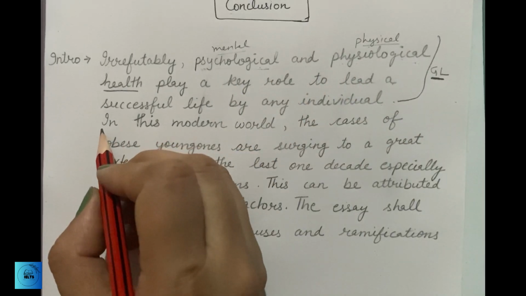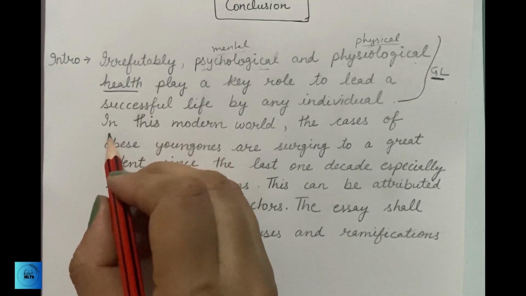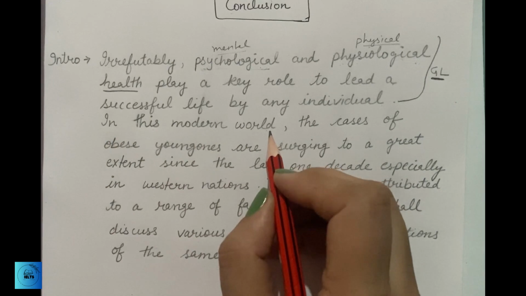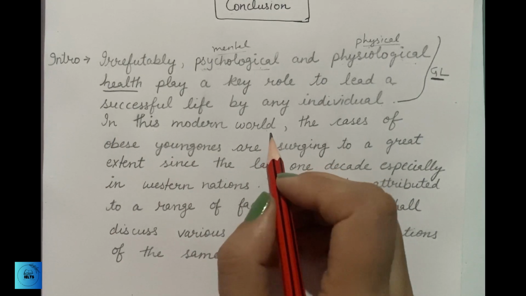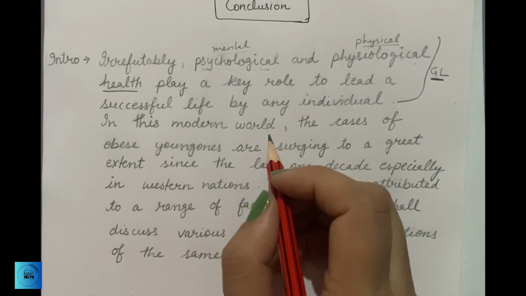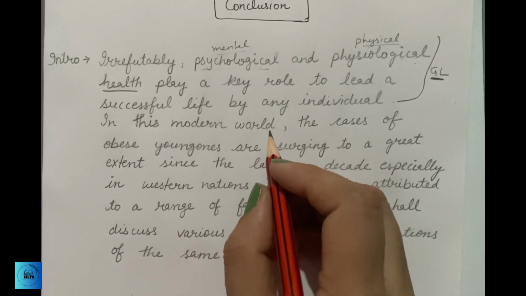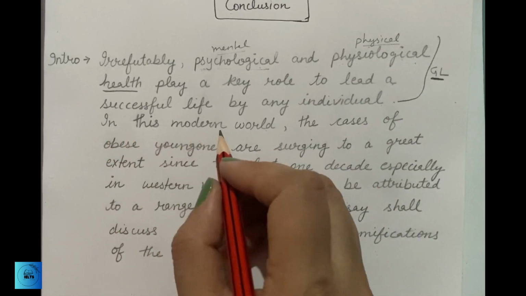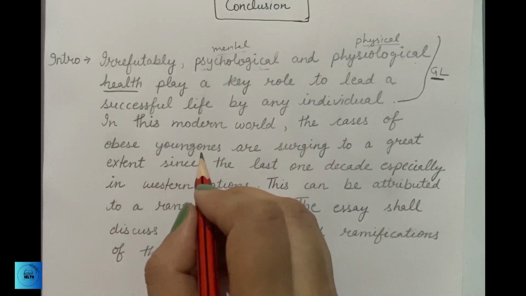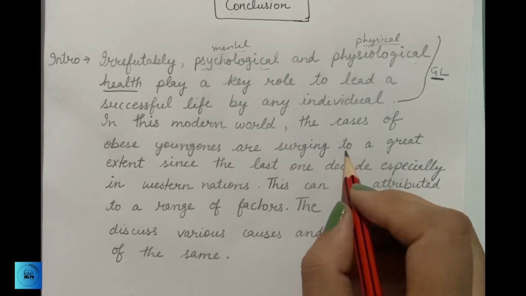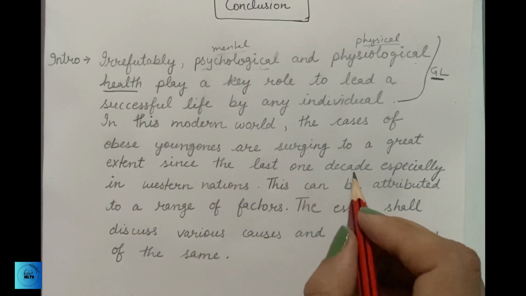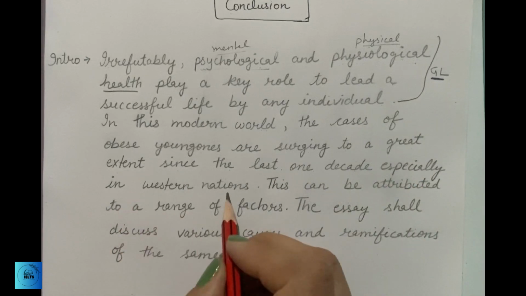So the next thing is rephrasing of the factual statement. In this modern world, this I can use because whatever the topics are, those topics are very current. The recent topics are chosen by IELTS. So in this modern world, the cases of obese young ones are surging to a great extent since the last decade, especially in Western nations.